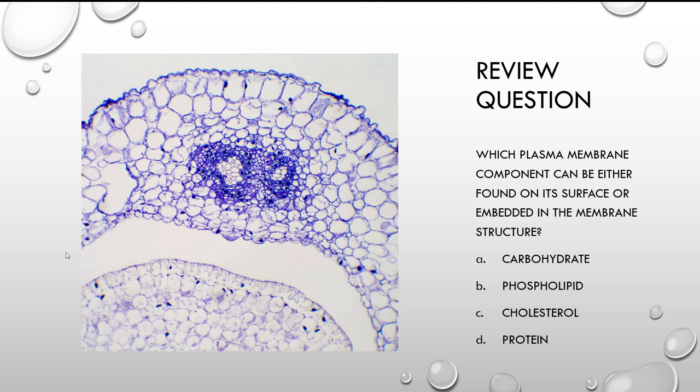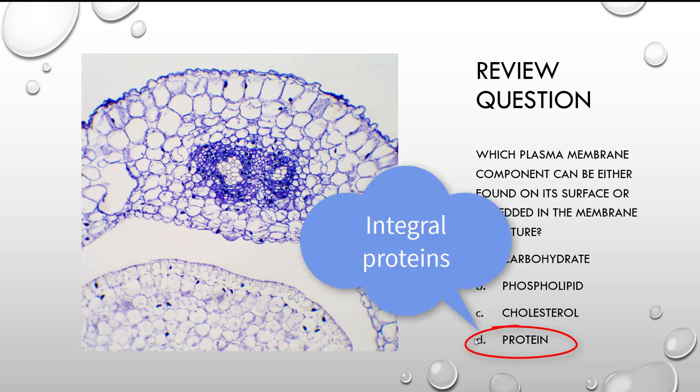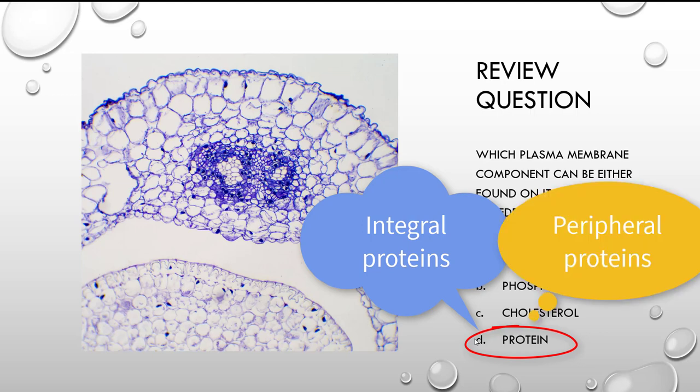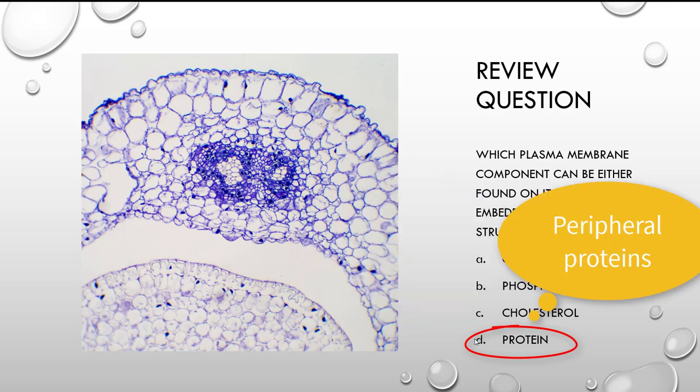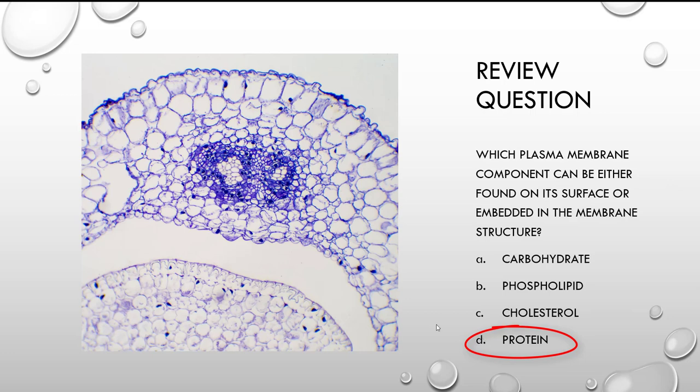Which one of these can be either embedded within the membrane or on its surface? If you chose the protein, I would agree with you. Remember, with proteins, we have the integral proteins that are embedded within the membrane, as well as the peripheral proteins that are found on the surface.